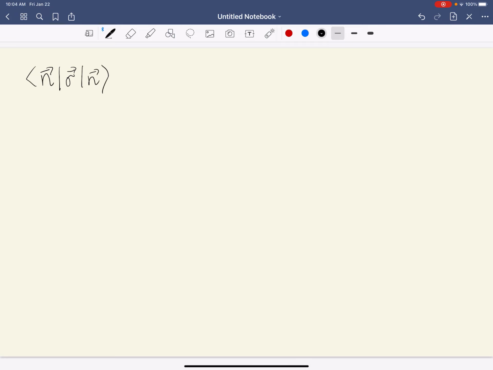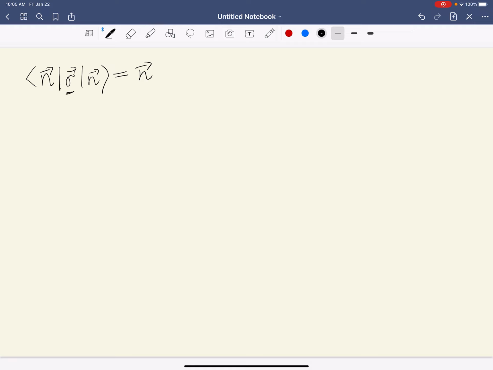Okay, so this expectation value is actually n. How do I know this? I just have to work out this expectation value for every component.